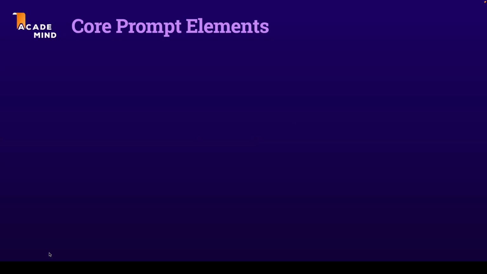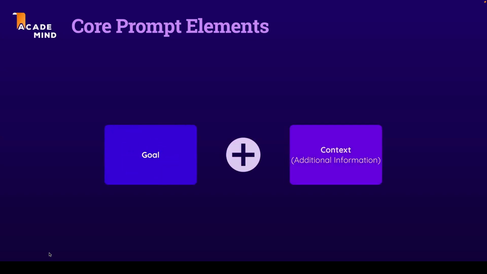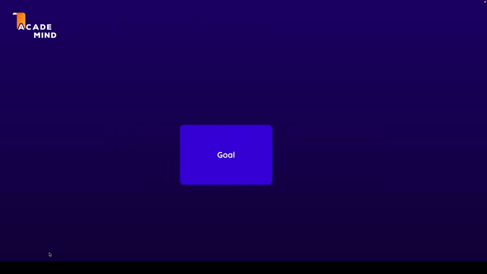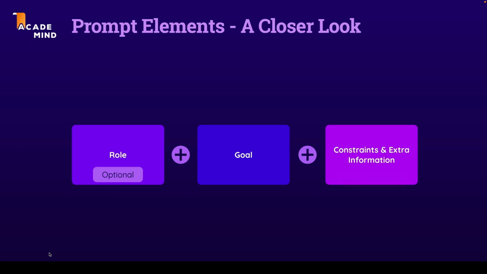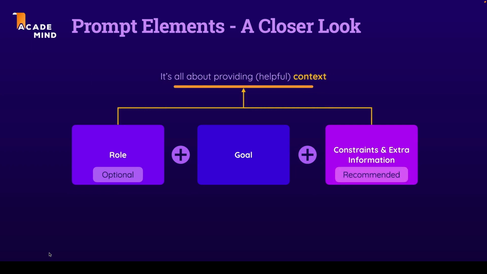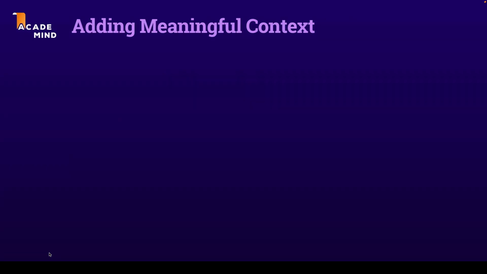So in this course section, you learned how to generally write good prompts. You learned which key elements make up good prompts, that it's in the end all about providing helpful context to ChatGPT so that it can produce good results. And of course, in this section, you also learned how to structure your prompts, that you should, for example, focus on short, concise sentences.